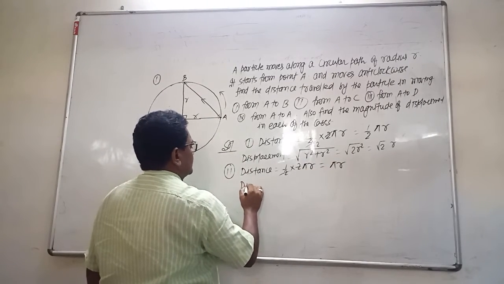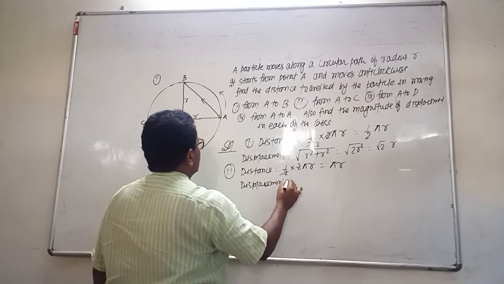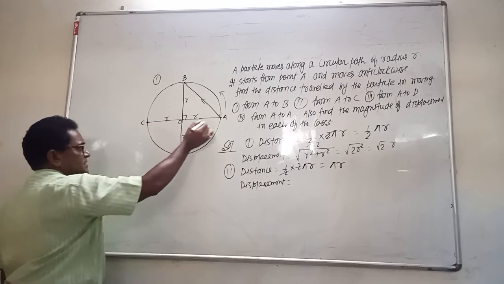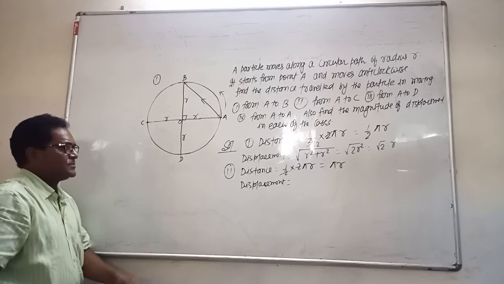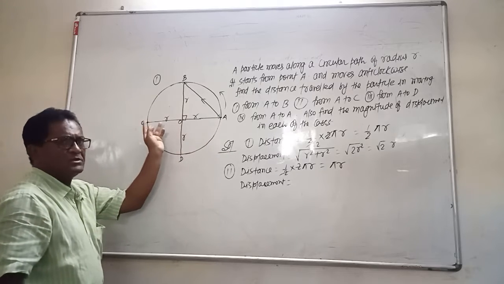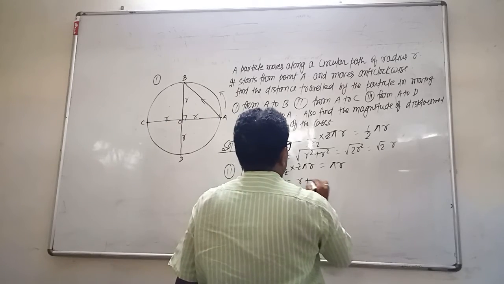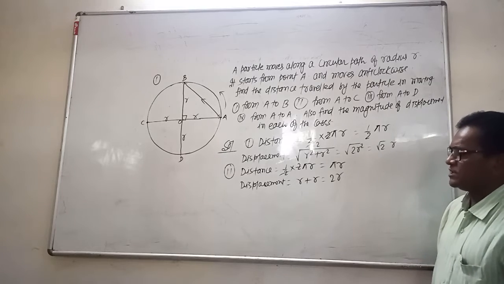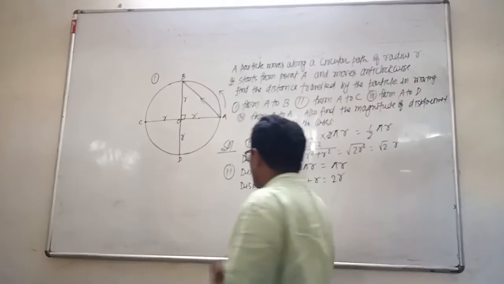Displacement: when particle reaches point C, the final position is C, initial position was A. So this AC distance is the displacement. AC can be written as OA plus OC. OA is R, OC is also R. So displacement becomes R plus R, that is 2R. So in going from A to C, the distance covered is pi r, and the displacement is 2R.